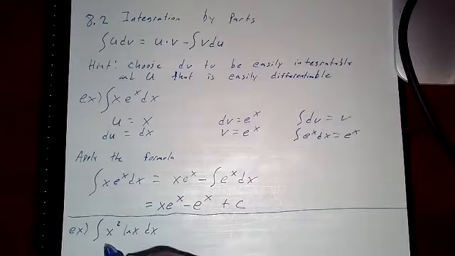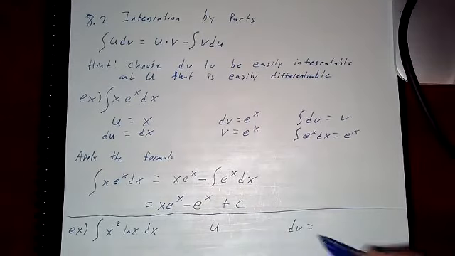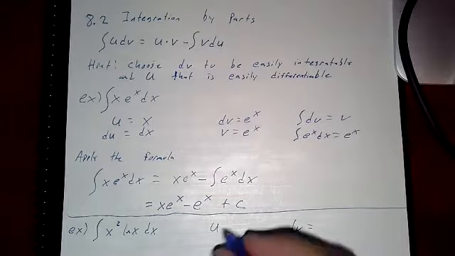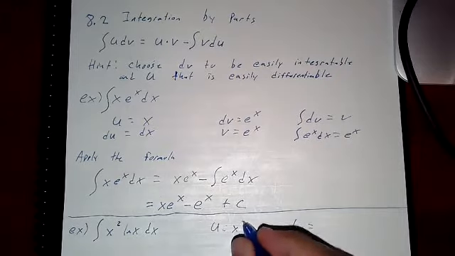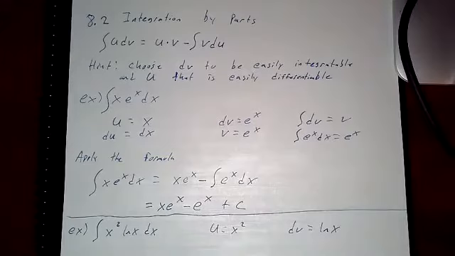Because this is the first left-hand side, right? What's u? What's dv? U equals x squared. If we pick u to be x squared, then the other one has to be ln x. It has to be dv, right? Yeah.